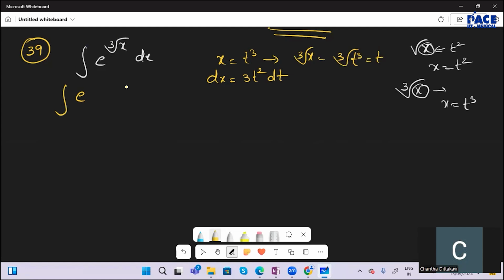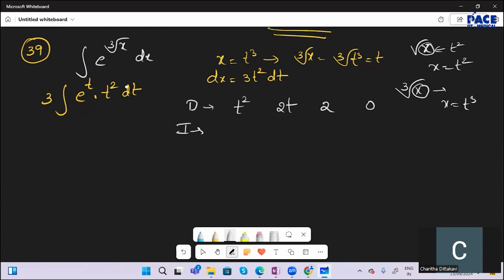So e to the power t dx is nothing but 3, I'm taking out, t square dt. Now again I isolate, e power t into t square. My differentiating factor would be t square, next 2t, next 2, and then 0.